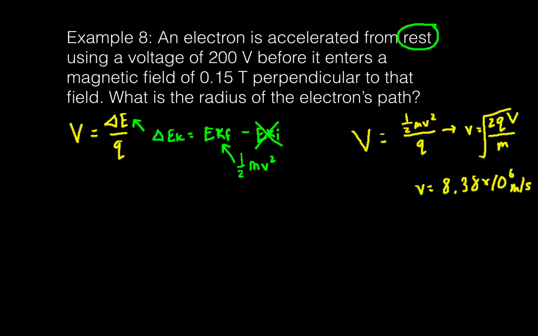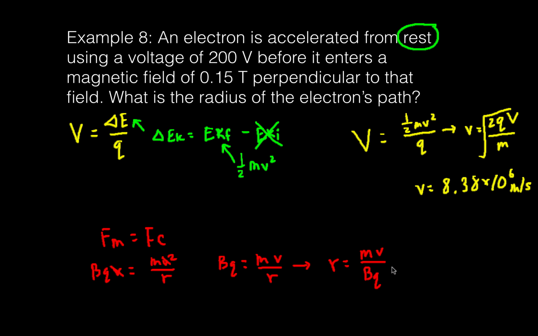Next, we use this velocity in the circular motion formula to determine what the radius of its motion is. So the magnetic force is equal to the centripetal force, so BQV equals mv squared over r, where v cancels out once on both sides. This leaves us with BQ equals mv over r, which tells us r equals mv over BQ.